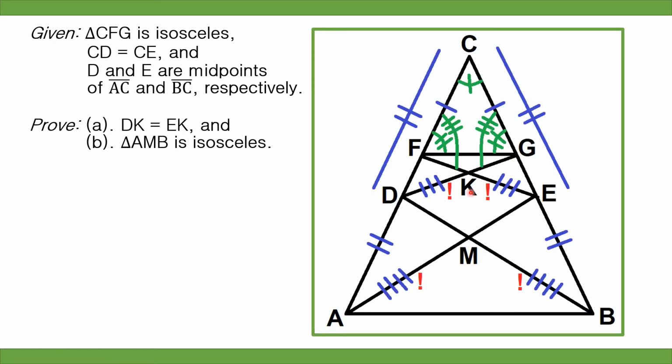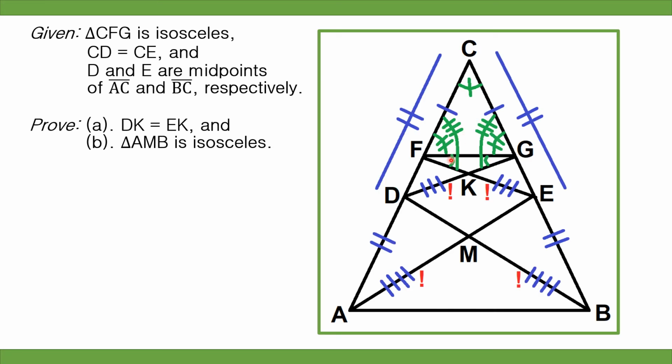So let's do that. So again, these angles are now congruent. Now, can these angles be congruent? Yes, because these are actually corresponding parts of these two triangles. So by CPCTC, then these two angles must be congruent. So since these two angles are congruent and these two angles are congruent, then by subtraction property, these two angles now are congruent.